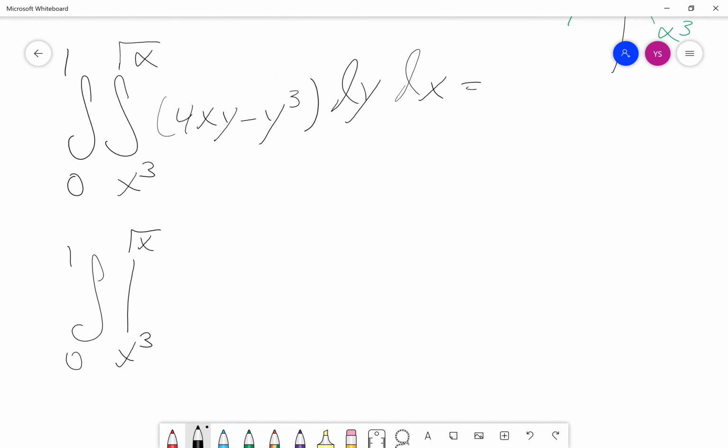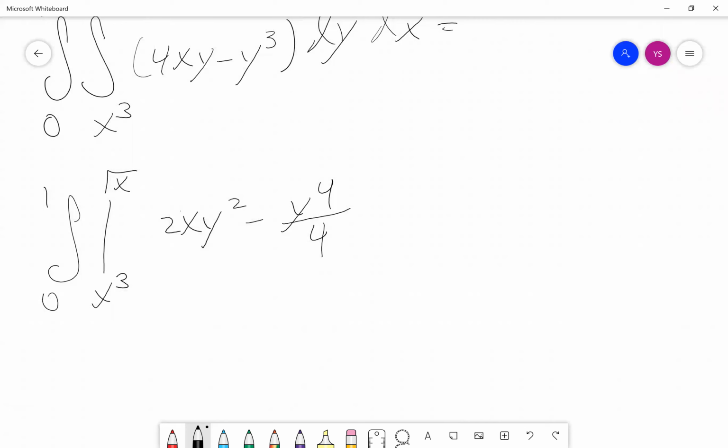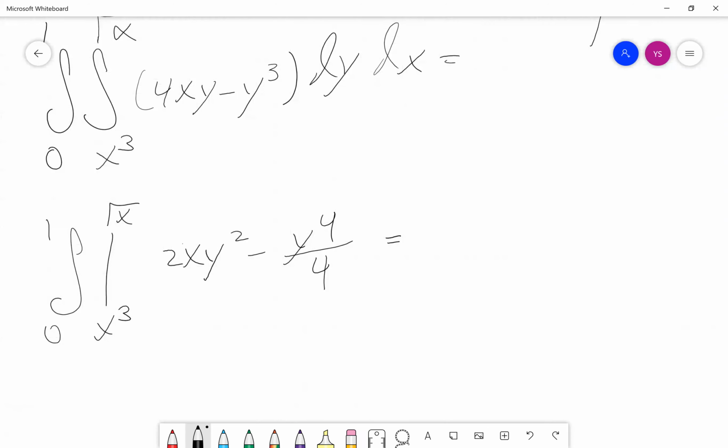And we're taking this derivative with respect to y. So we get 2xy squared minus y to the 4th over 4. And now we can plug in our bounds. So this is going to give us, and we still have, of course, a dx over here.